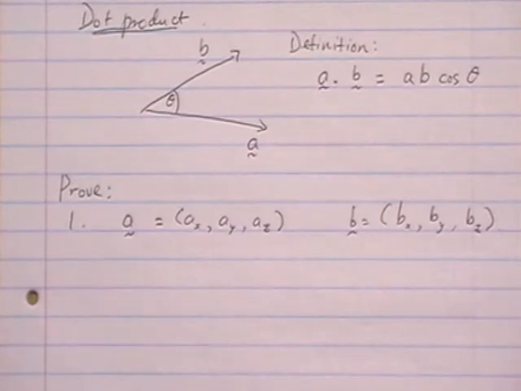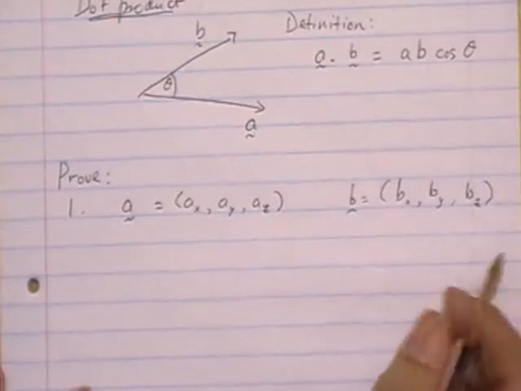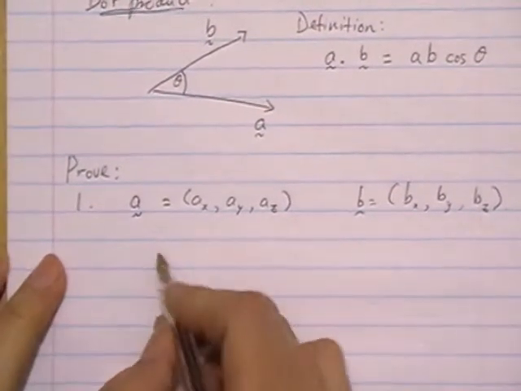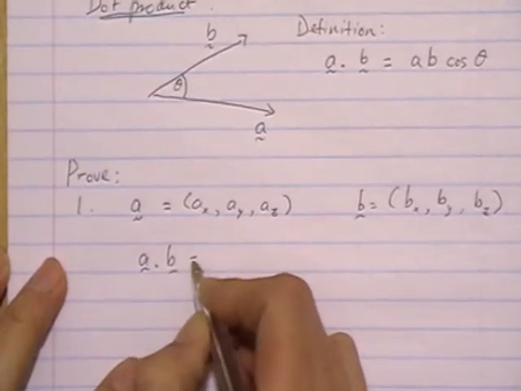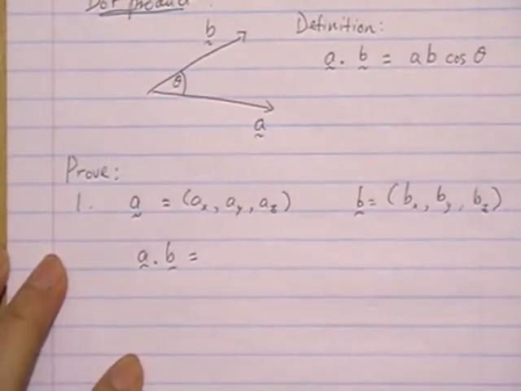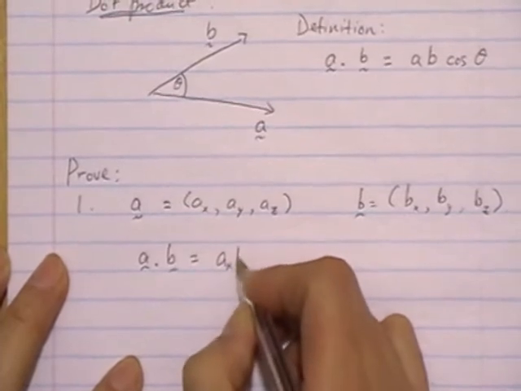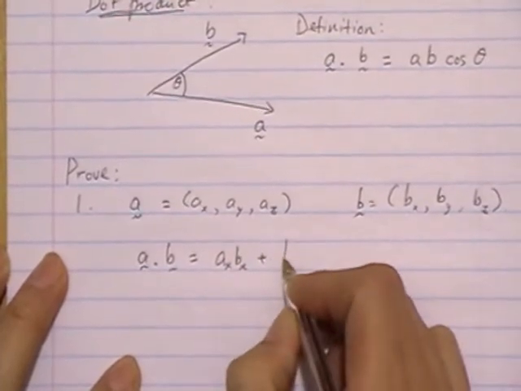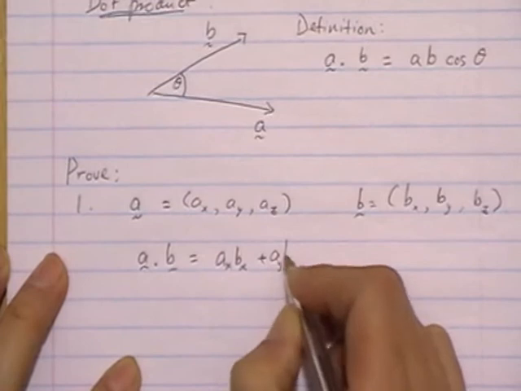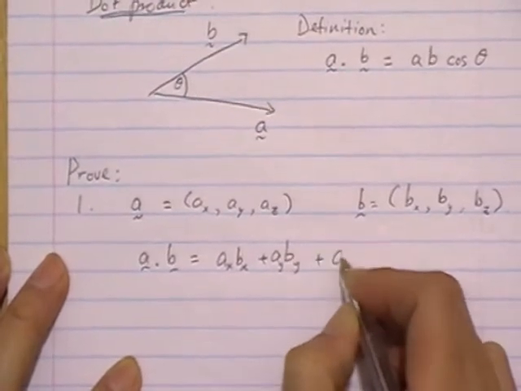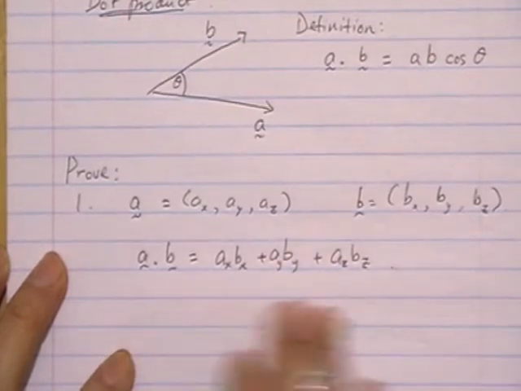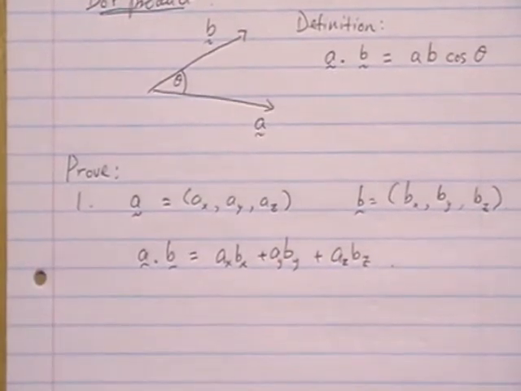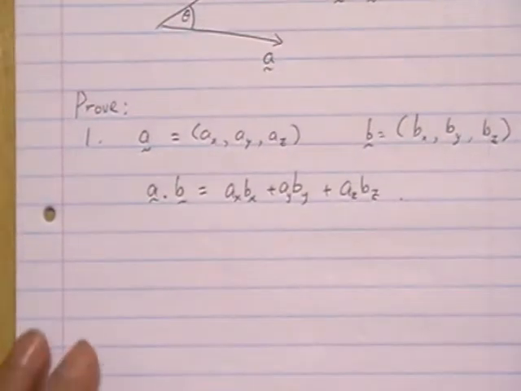So these are 3D vectors. Then A dot B is equal to AX BX plus AY BY plus AZ BZ. And this is what I want to prove. That's one.